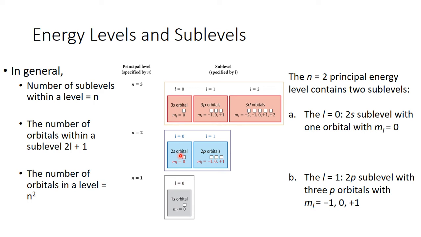So L of 0, L of 0 and 1, L of 0, 1, and 2. And in these energy levels, they are split by m sub L values, as shown here. Okay, so that is how the energy levels look, where low on this chart is low energy, good. High on this chart, high energy, bad.